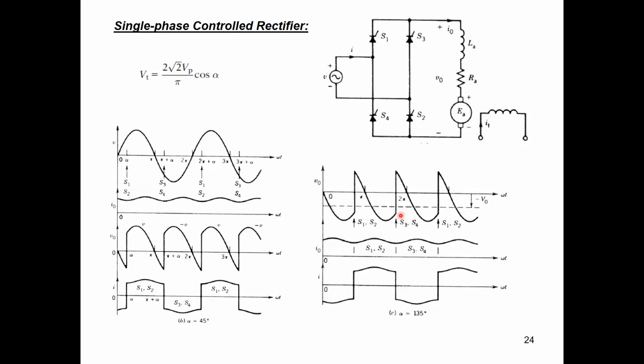As you can see here, stayed longer in the negative side because we applied firing angle at late time at 135 degrees. So this means the voltage polarity here, or the average voltage, will be negative, which means we have negative voltage and the current will be in the same direction, positive.